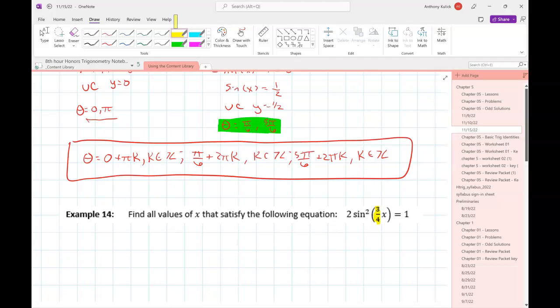Is this a C, H, or K? It's a C, right? What did C do? It changes the period. So we're going to have to be a little bit careful about this as a result. We'll show you guys where in a second. Whenever you see a coefficient on our variable, we must be quite mindful.